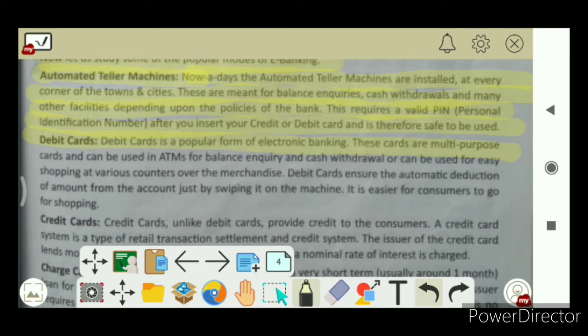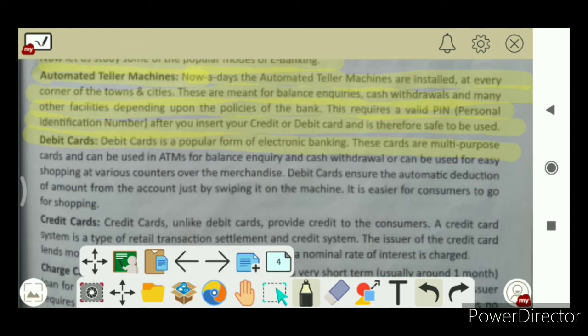ATM cards are generally debit cards, which are used for cash withdrawal, or shopping, or knowing the balance in your account. So this is the debit card. By using this, you can withdraw the money, know the balance of your account, and pay for shopping, so there is no need to carry money.